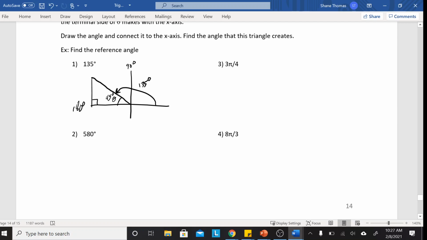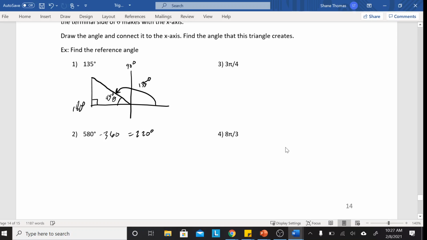Second one, let's do 580 degrees. 580 degrees, that's over 360. If you remember, we want to put this on a scale from 0 to 360. So I'm going to subtract 360 degrees off of 580. 580 minus 360 is going to be 220.